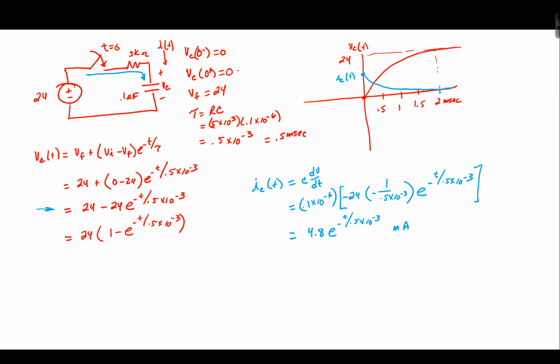We go 24 divided by 5 EE3, and sure enough, that initial current there, I sub c at 0 plus, we can also calculate to be 24 minus 0 divided by the 5K equals the 4.8 milliamps. Again, doing that independently just from knowing what's taking place in the circuit, we can verify that that initial current is the 4.8 milliamps, which is what we calculated over here by going C dV dt.